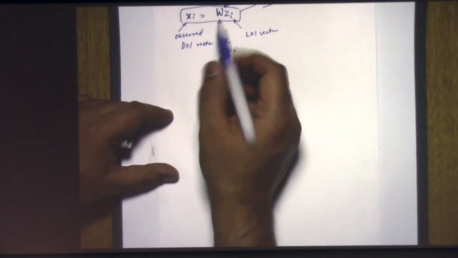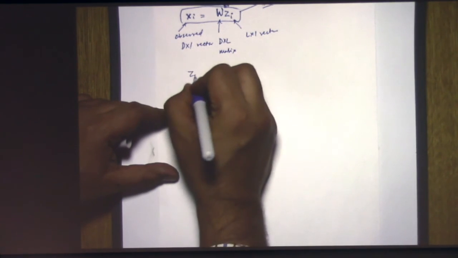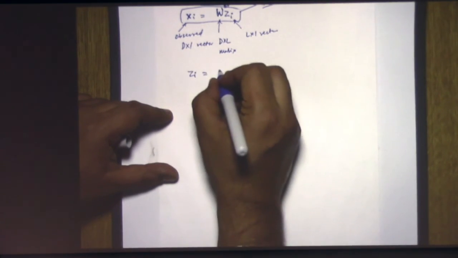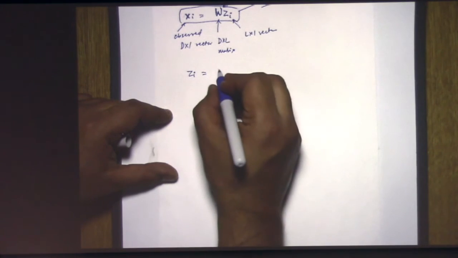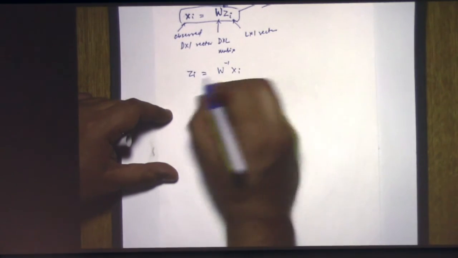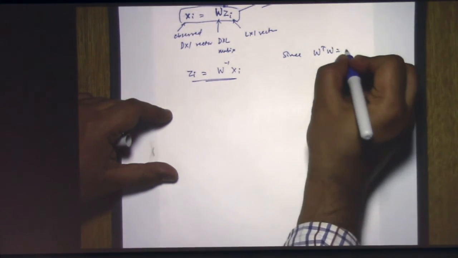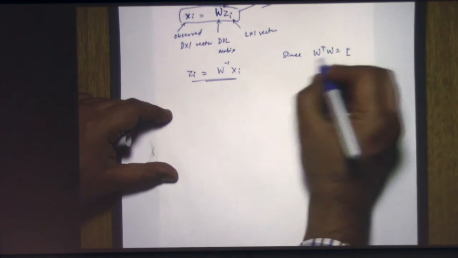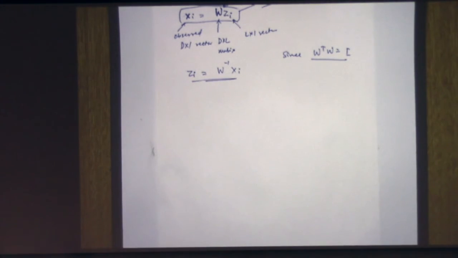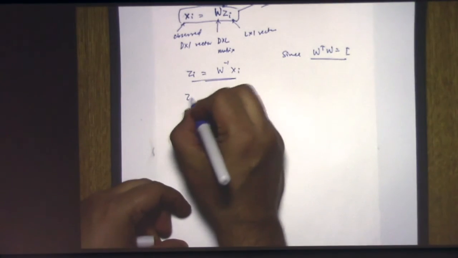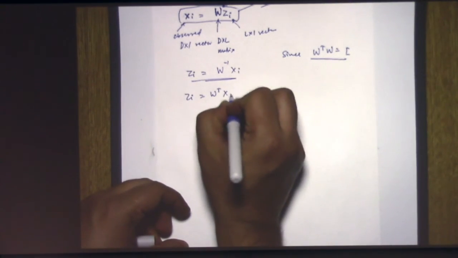And then what you can do is, if somebody asks what is Zi, Zi will be just the inverse of this Xi. Since W transpose W is identity, because the eigenvectors are orthonormal to each other, so if you remember, each eigenvector is orthogonal to each other, which means that Zi will also be just this.